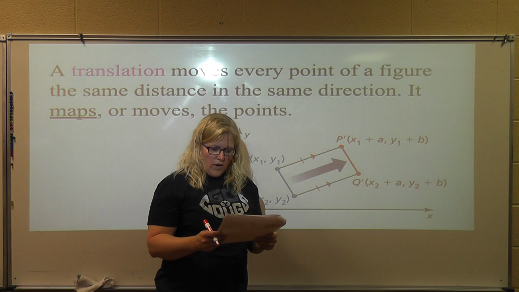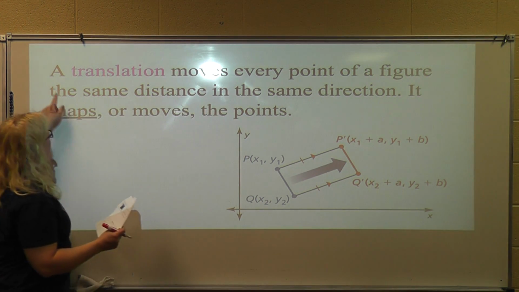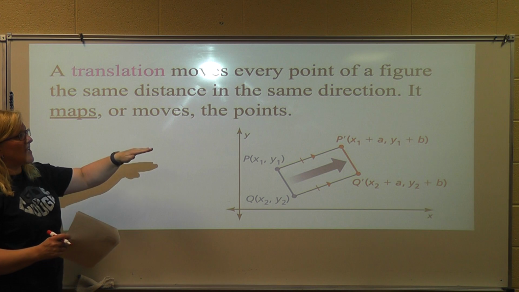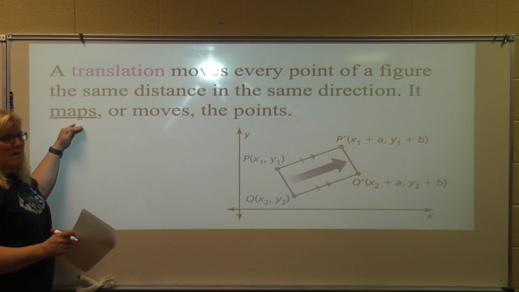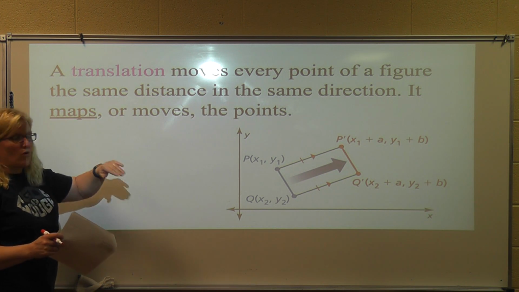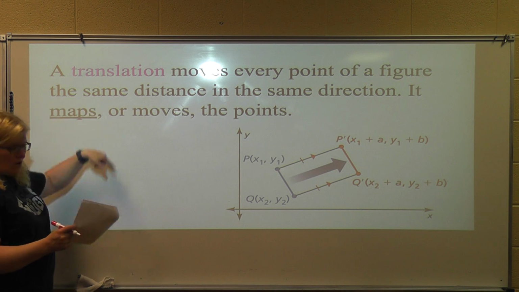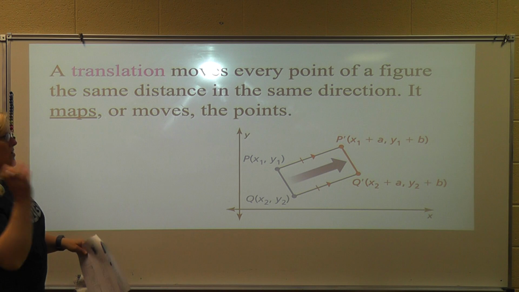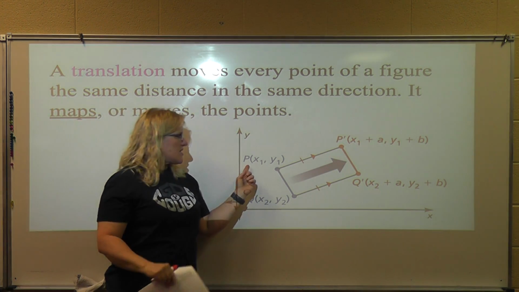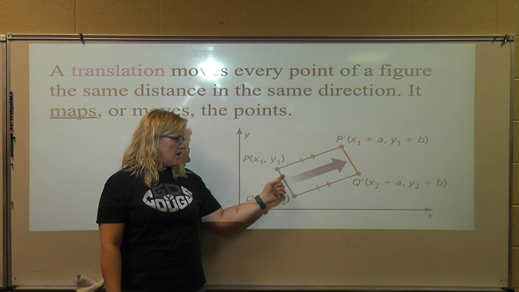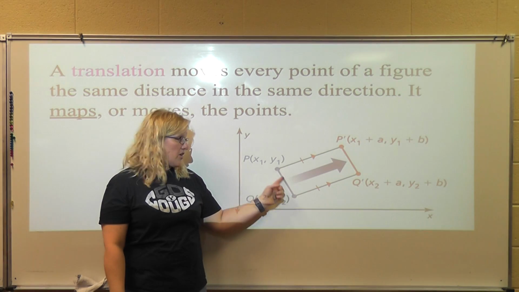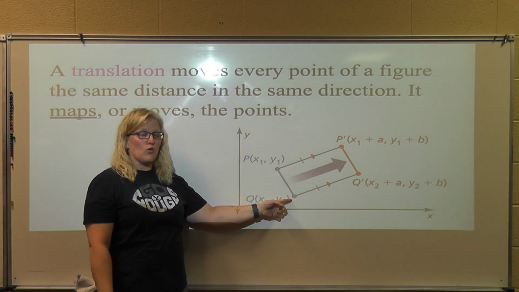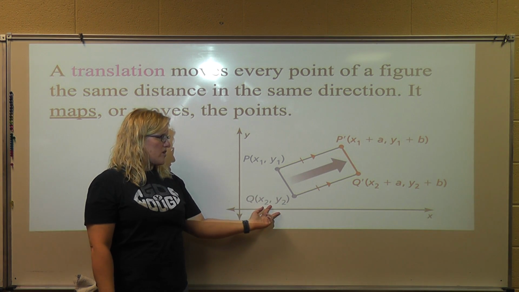So one thing that I want to point out: a translation moves every point of a figure the same distance in the same direction. It maps, or moves, the points. So you'll see the word maps quite a bit too. One thing for you to notice is that the original line segment has point P and point Q and their original coordinates.